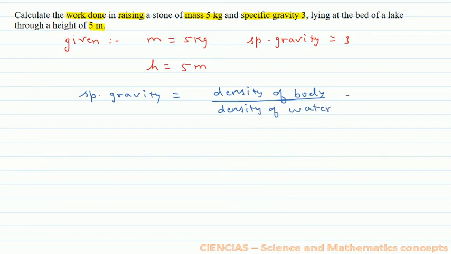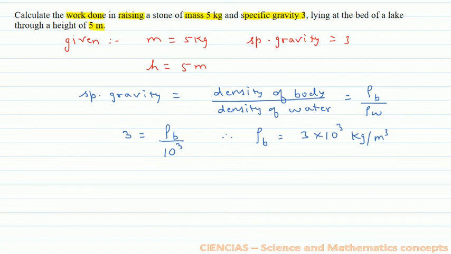So I denote density of body by rho B and density of water by rho W. Specific gravity is 3 and density of body we do not know, and density of water in SI system is 10 to the power 3. Therefore, density of body is equal to 3 into 10 to the power 3 kilogram per meter cube.